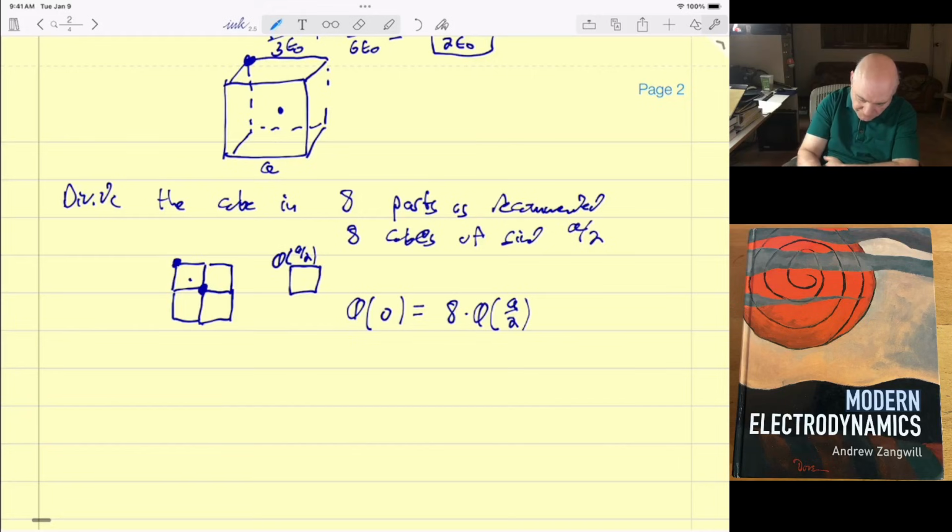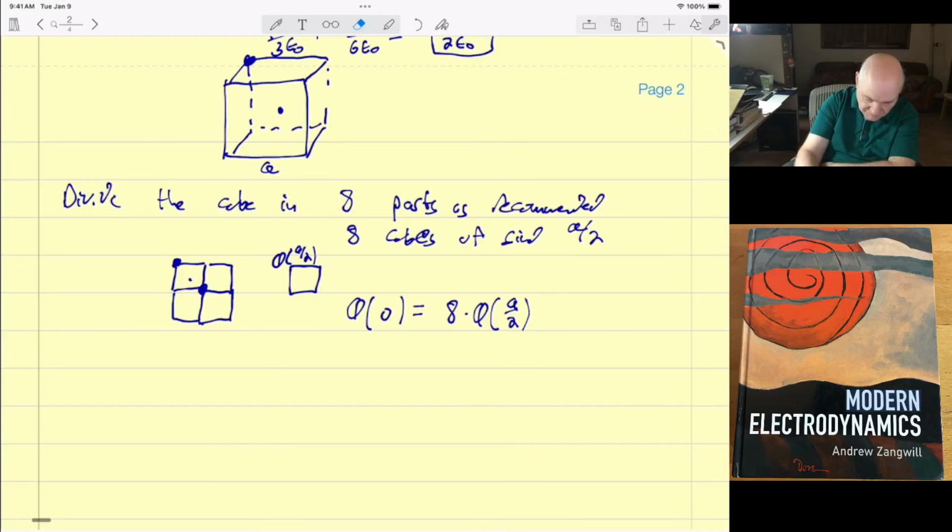In other words, looking at this cube alone, the potential here and the potential here are the same. We just want to add up all the potentials at the center, so it's as if we had taken the potential of a cube at the corner, phi of A over 2, and we did that 8 times. So how would we calculate that?